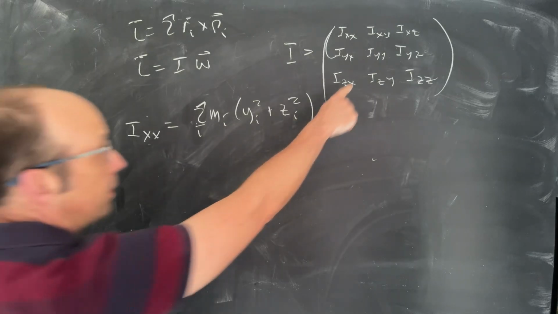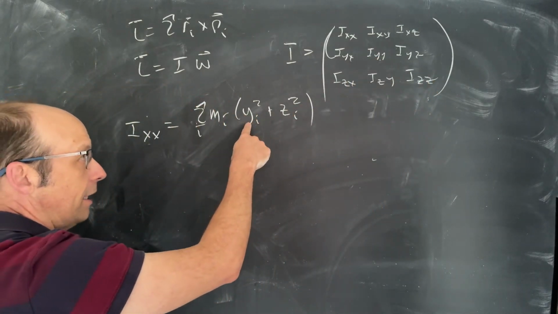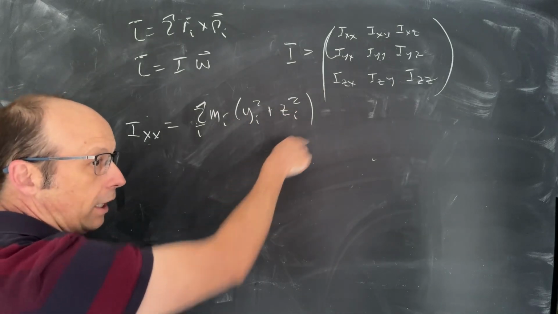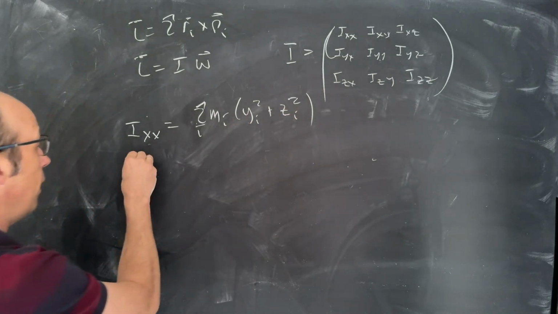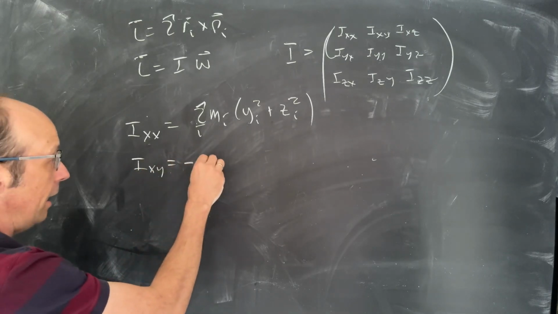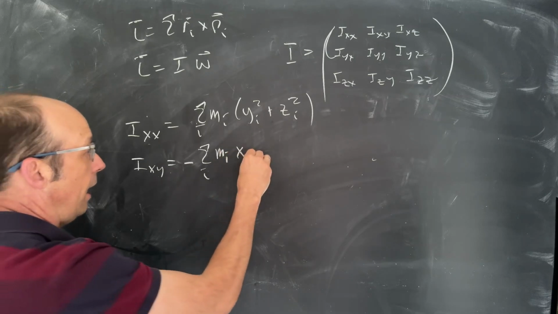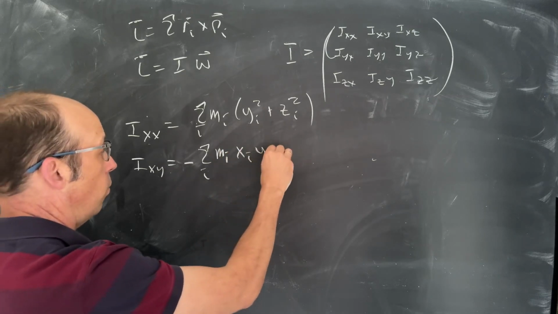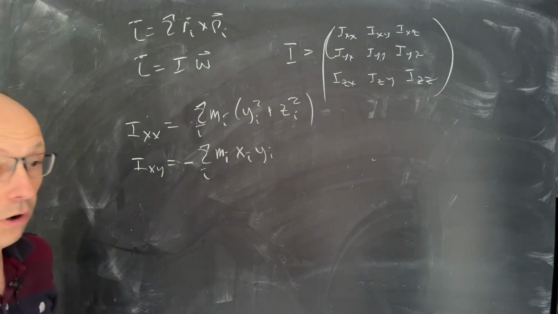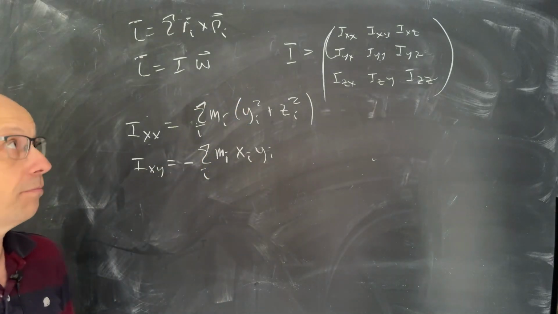Now, that would be the same thing for Iyy and Izz. Iyy would be xi squared plus zi squared, Izz would be xi squared plus yi squared. Now, for the off-diagonal elements, Ixy, it's going to be negative the sum over i of mi xi yi. So I just take the product of those two. So I need to calculate those for all my masses, and then I can get this matrix here.